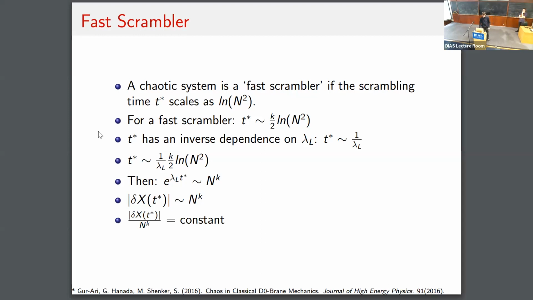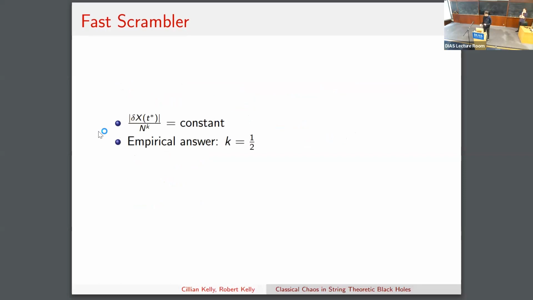In order to do that, we did 3 different simulations with n equal to 8, 12, and 16. And we found empirically that for this system, k equals 1/2. So then we plotted delta x of t over the square root of n, and hopefully we'll see that it's a constant as the system becomes maximally diverged.